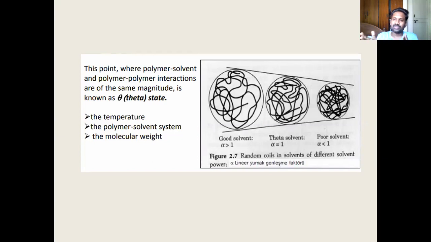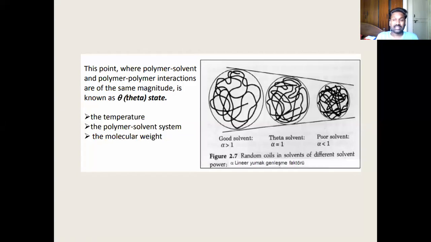Poor solvents. Why don't all solvents solubilize all solutes? Because of all these factors. Now you can somehow prepare a solution by carefully manipulating so many factors, in which the polymer-solvent and polymer-polymer interactions are of the same magnitude, and this state is called the theta state.